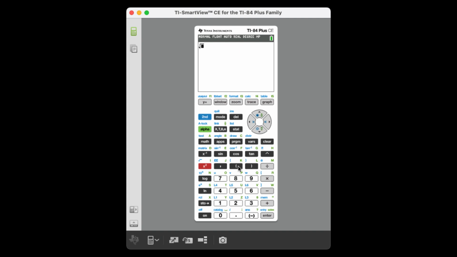Second square root, parentheses, negative, what, 83.7. Close it up and square it. Plus a parentheses, negative what? 28.9. Close that and we square that. See what we end up with. So this is about 88.5. That's the magnitude. 88.5.